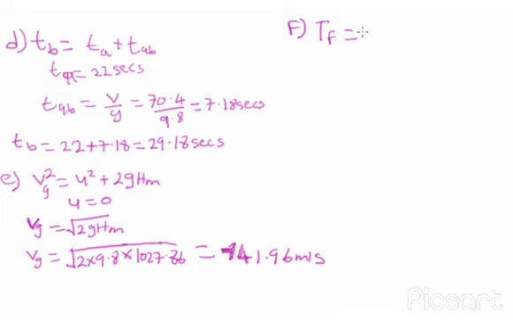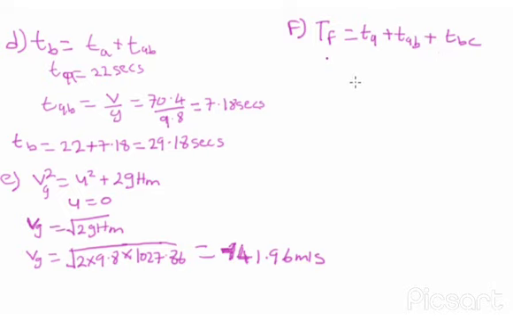That time is equal to the time the rocket takes to reach point A plus the time it takes to move from point A to point B plus the time it takes to move from point B to C. We know TA and TAB. TA is 22 seconds, TAB is 7.18 seconds. We calculated them earlier. But TBC we do not know.